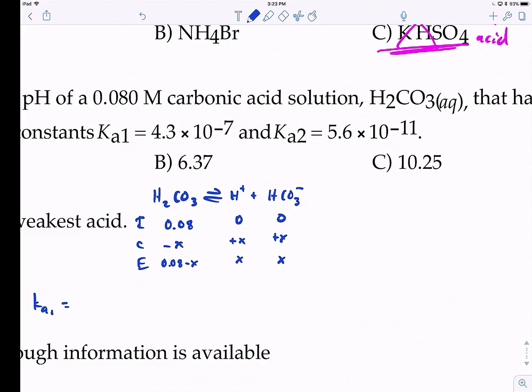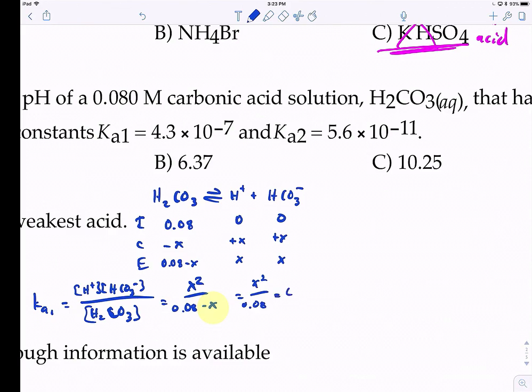Ka1 is going to be hydrogen ion times HCO3 minus, all over H2CO3, equals x squared over 0.08 minus x. And I can discount that x. So x squared over 0.08 equals 4.3 times 10 to the minus 7.